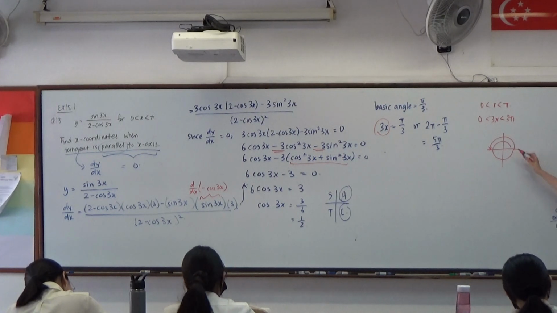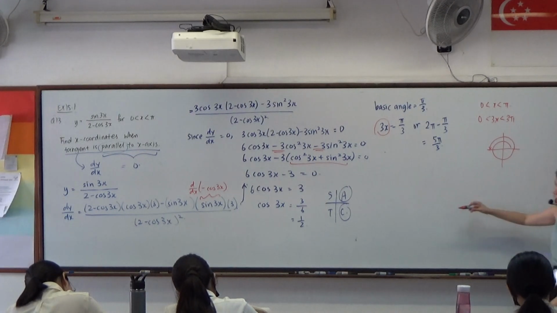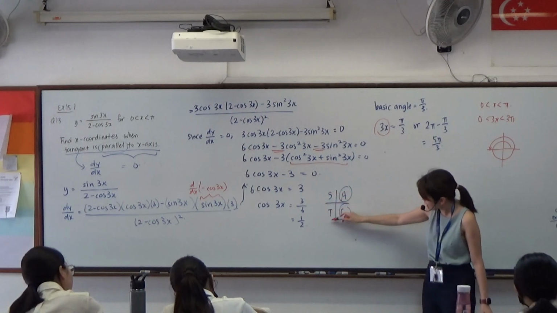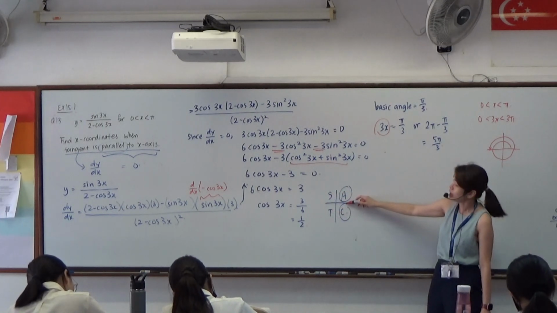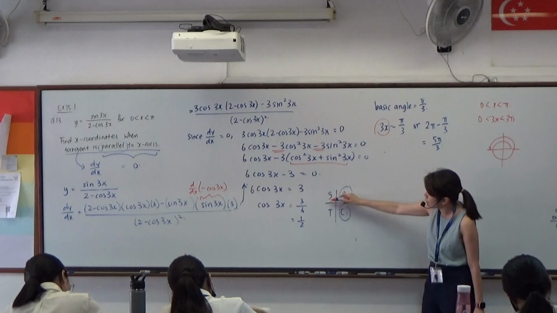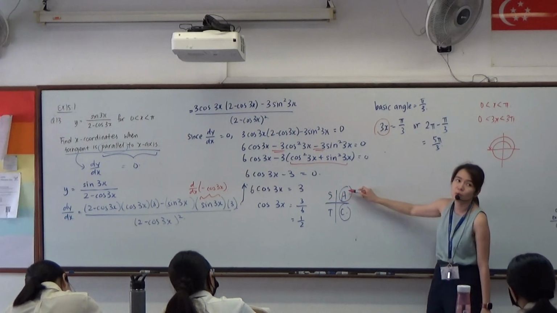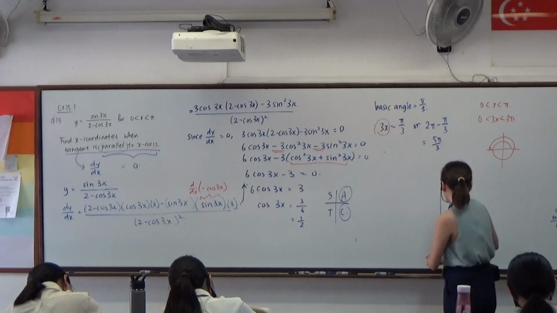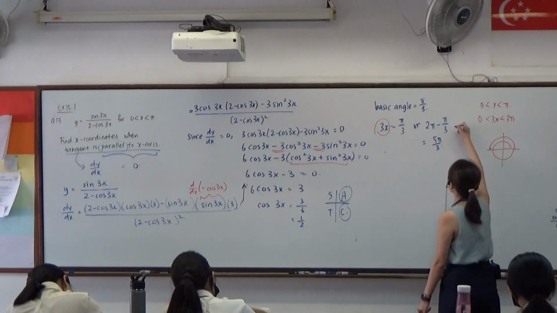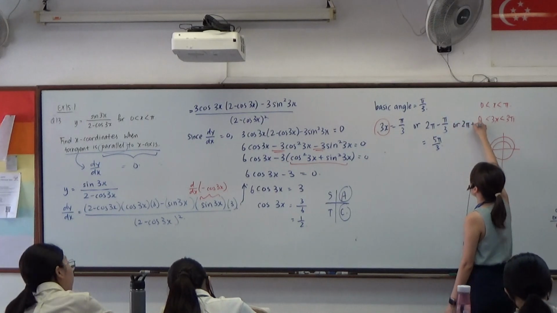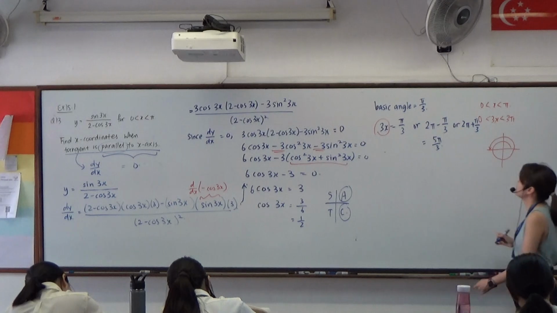So in my first round, I have already identified the first quadrant and the fourth quadrant. Then I still need to go another half a round. That means it will meet my first quadrant again. So I have a third angle. That will be 2 pi plus the basic angle.